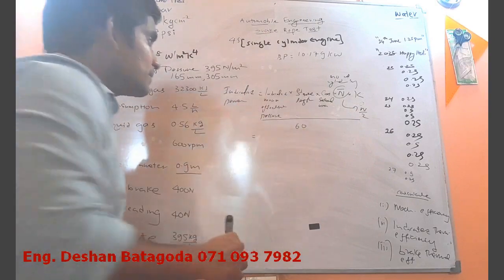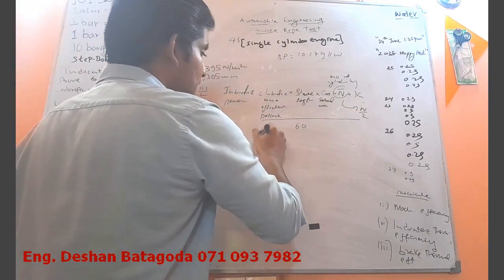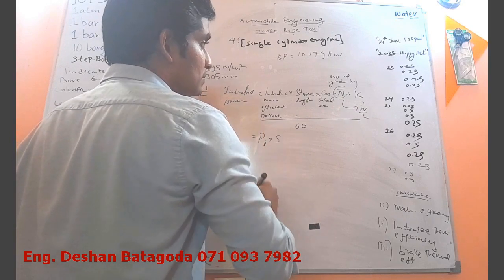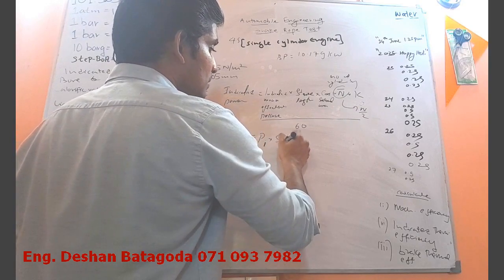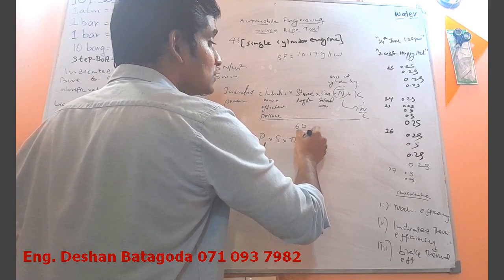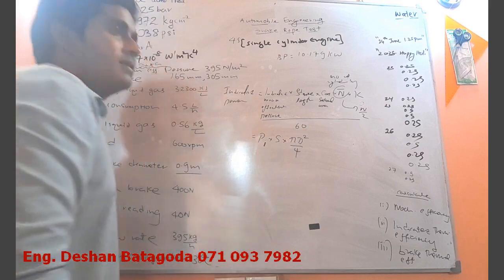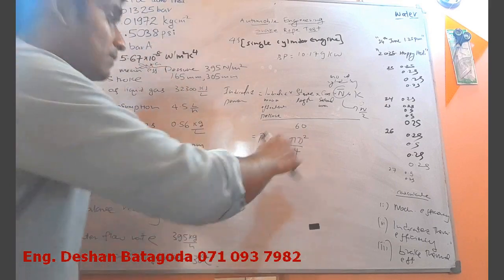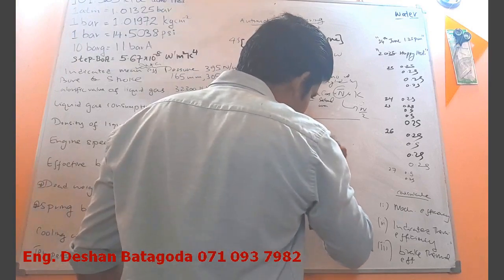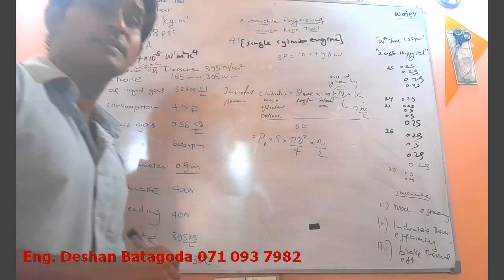Now shall we write again? Indicated mean effective pressure, let's write P I. Stroke length S, then cross sectional area, that is pi d square divided by 4. But be very careful, you have to put in standard units. Multiplied by N divided by 2, because it is a 4-stroke engine.